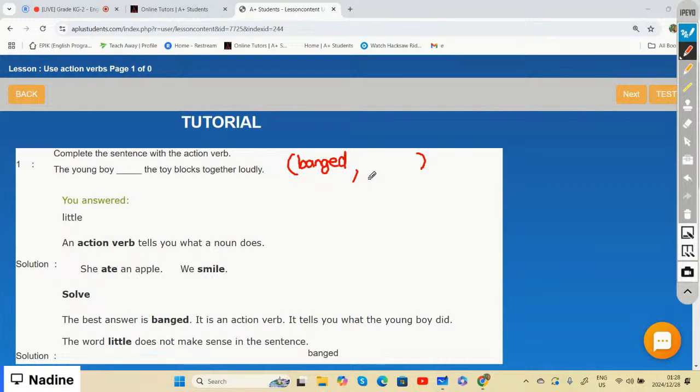Or do we say the young boy little the toy blocks together loudly? What is the correct word? What is the action verb within that sentence?